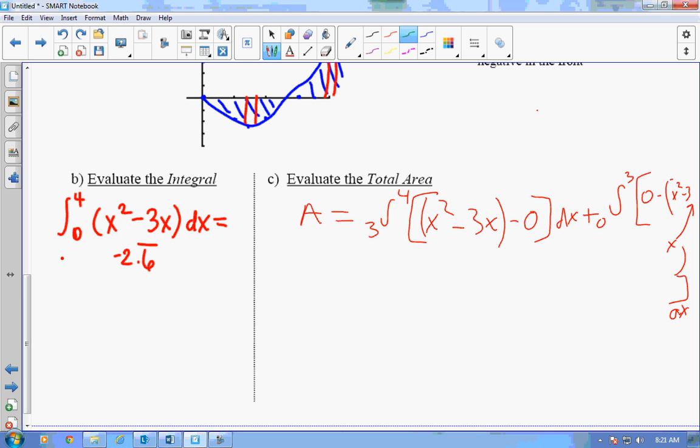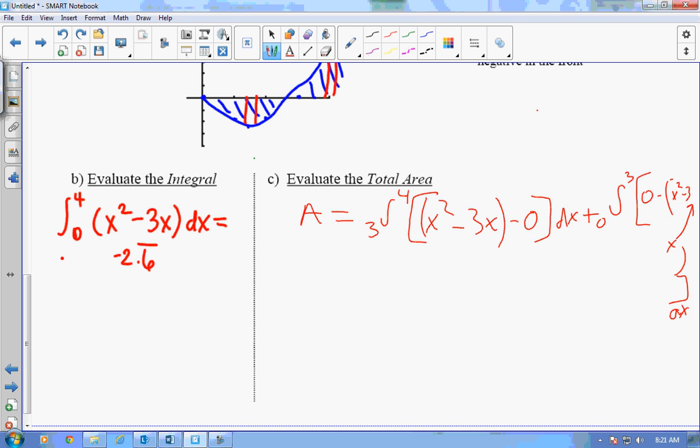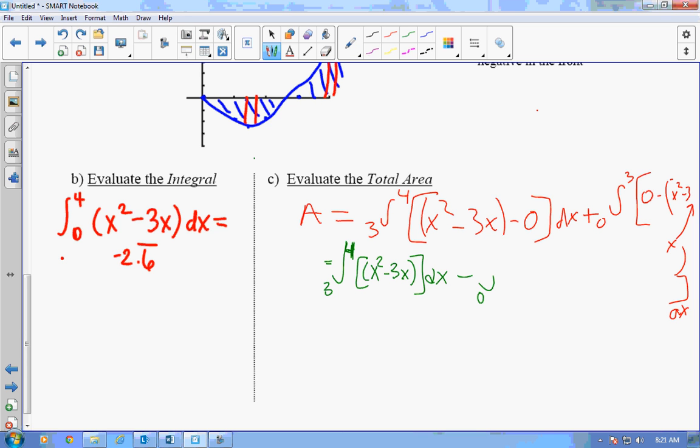Okay, so which one of these has a negative that pops out front? For his, it's the second one. If you did it in the reverse order, it would be your first one. It's the one that has the integral from 0 to 3. So we have from 3 to 4, x squared minus 3x dx, because the minus 0 doesn't do anything. But this guy has a negative that pops out front from 0 to, not 0 to 4, 0 to 3, of positive x squared minus 3x dx.